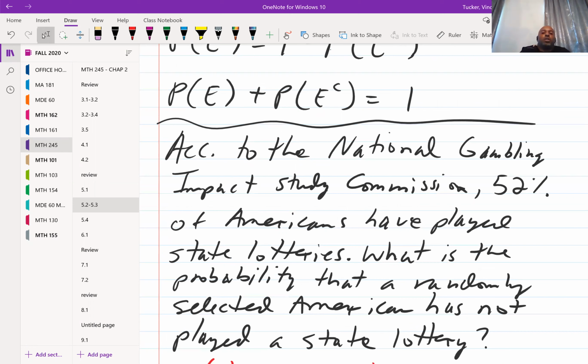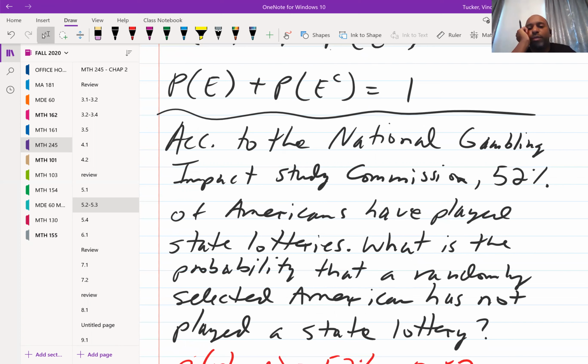All right, according to the National Gambling Impact Study Commission, 52% of Americans have played state lotteries. What is the probability that a randomly selected American has not played a state lottery? All right.